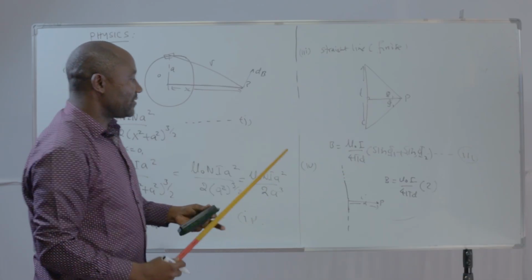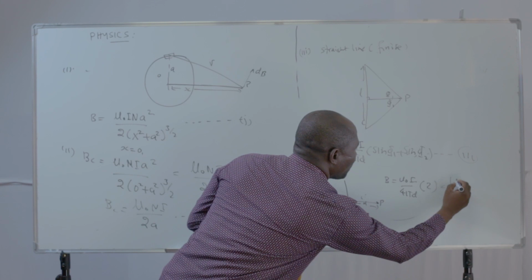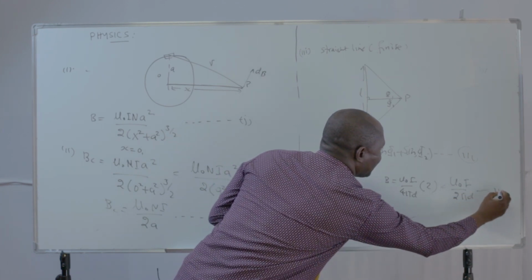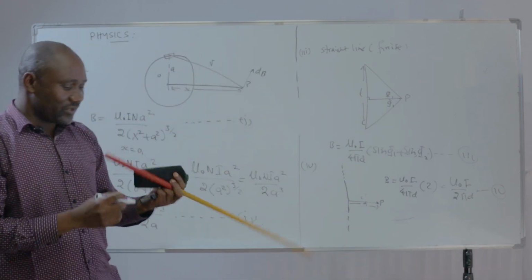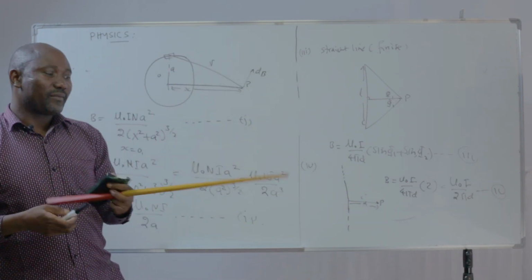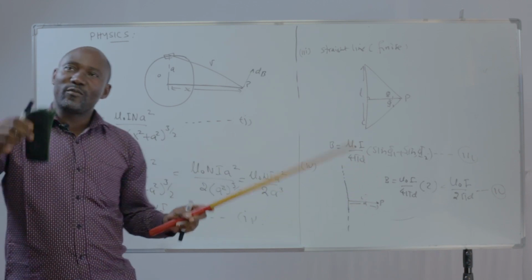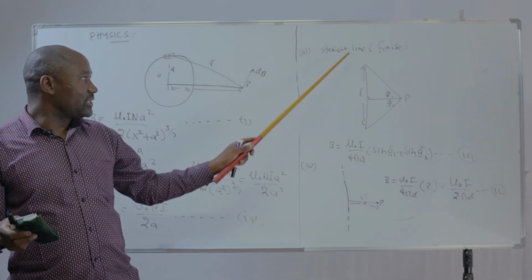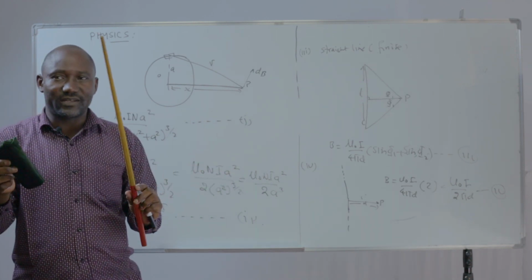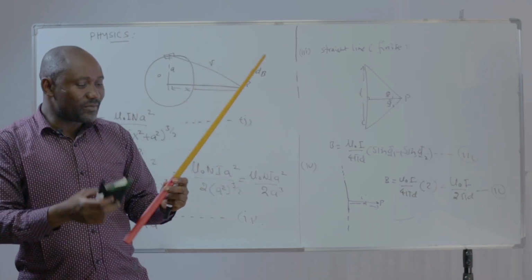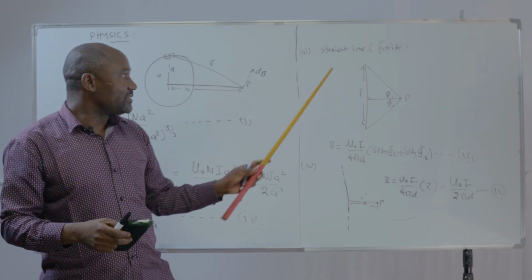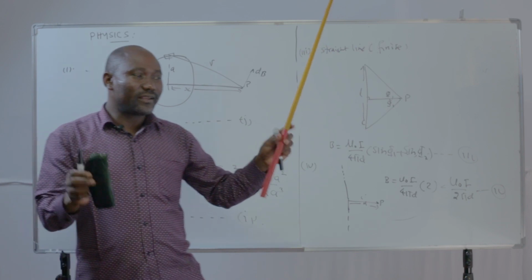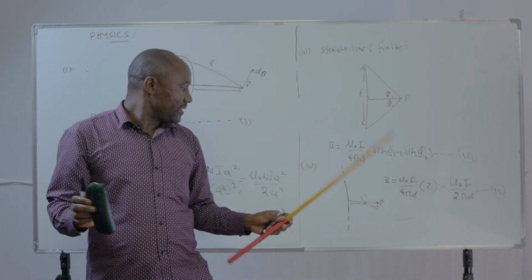When you simplify, you get mu I over 2 pi D. This is the formula that you normally use when you're looking for the magnetic flux density for a long wire. A long wire means it's not given the length. But this other one we have a specific length of a conductor, very short. So maybe the magnitude is given. So you can see the word finite, versus this infinite wire. Infinite means the length of the wire is not known.